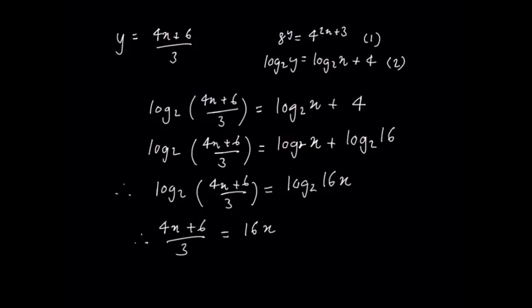And after a little bit of manipulation, we'll find that x is equal to 3 over 22. And by substituting that back into the equation y is equal to 4x plus 6 over 3, we'll get y is equal to 24 over 11. And that's our two solutions. Okay, now have a go at the multiple choice question.